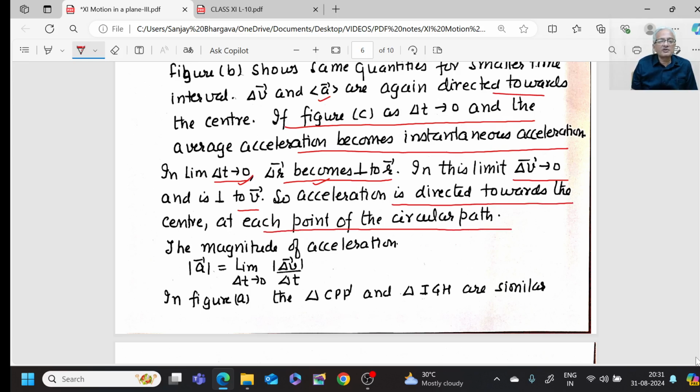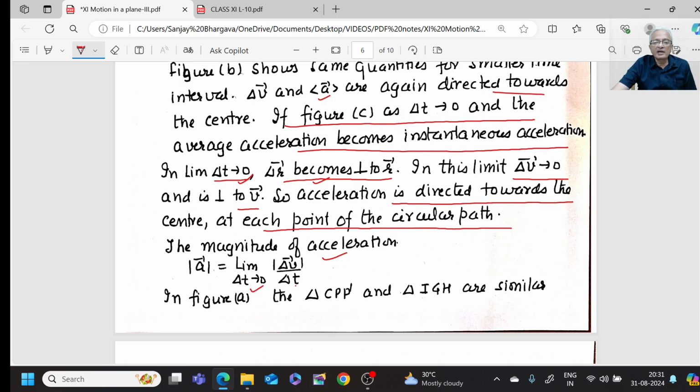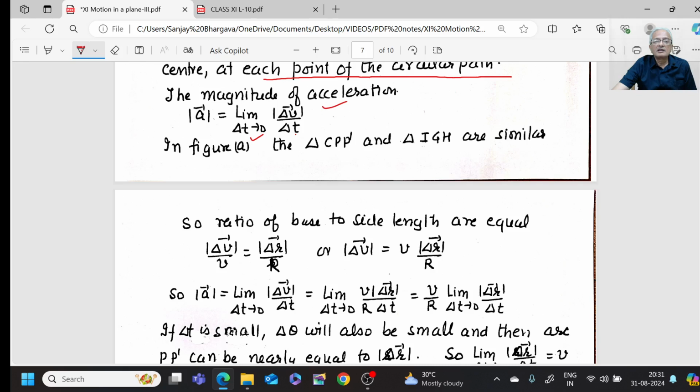The magnitude of the acceleration can be calculated by the limit delta t tending to 0 of delta v upon delta t. In figure A, the triangle CPP dash and the triangle formed by the velocity vectors are similar. So the ratio of base to sides are equal. So delta v upon v is equal to delta r upon r, or delta v can be written as v into delta r upon r.